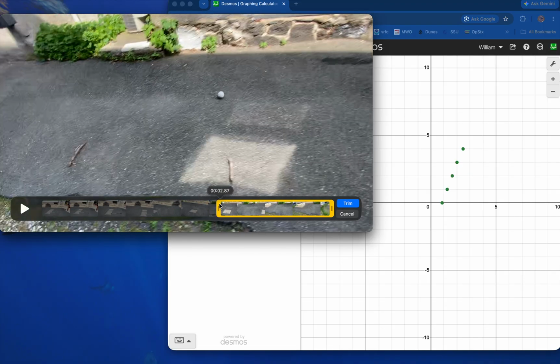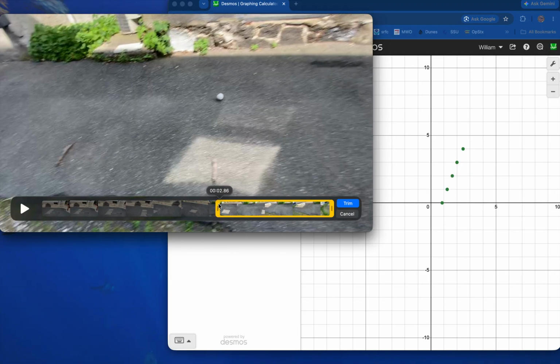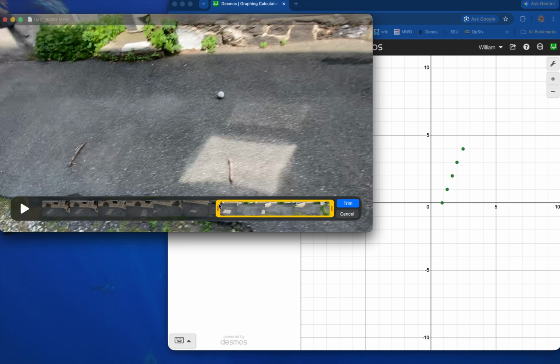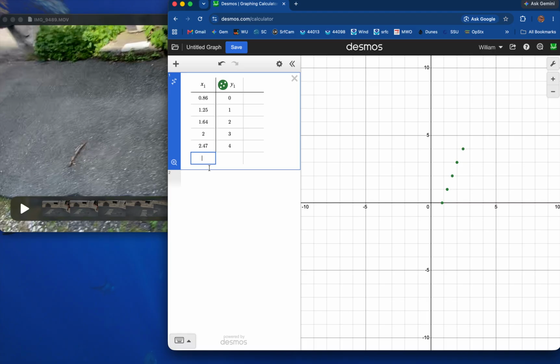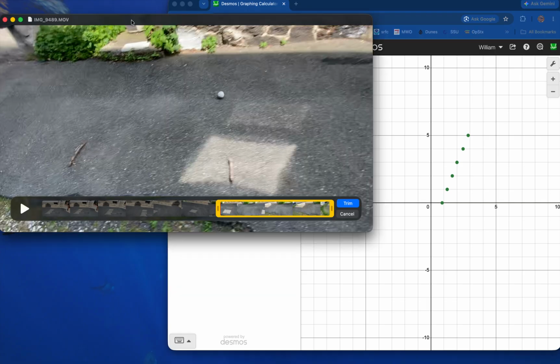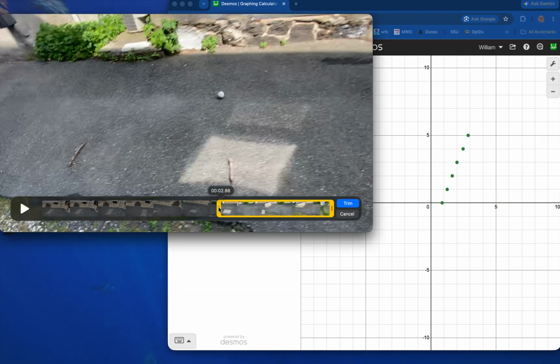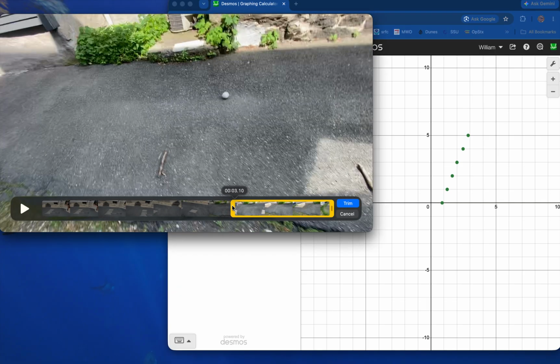Let's see, 2.87, 2.85-ish, probably 2.86, somewhere around there. At 2.86, it had gone 5 ski poles, and then I think this might be the last stick.